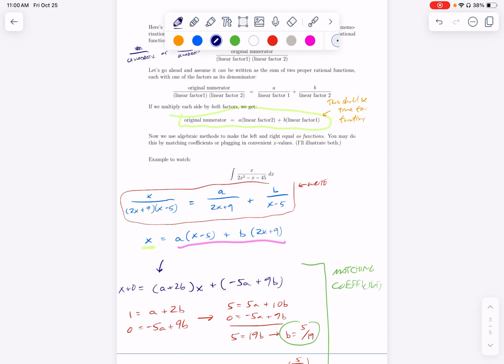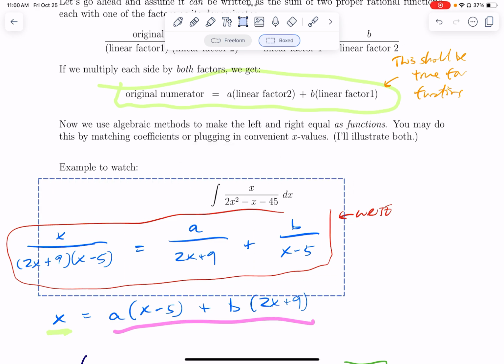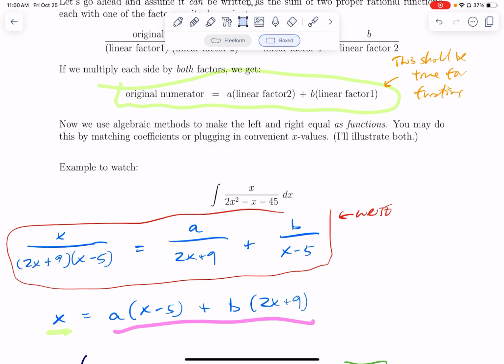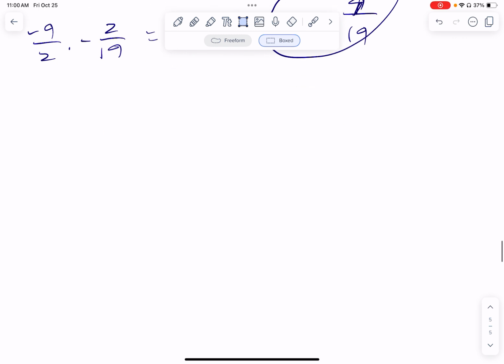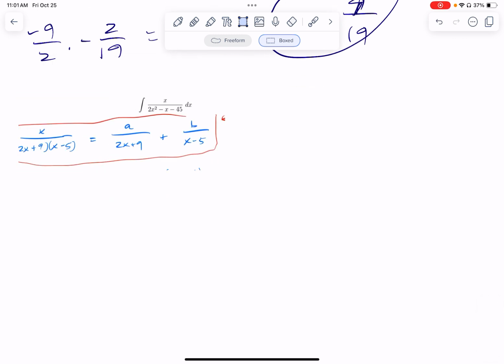We were working under the assumption that this complicated rational function could be rewritten as something relatively simple plus something else relatively simple. And we have figured out what those values are. So let me just copy this whole thing. And let's resume the problem. Right? We had to pause for quite some time just to do some algebra.